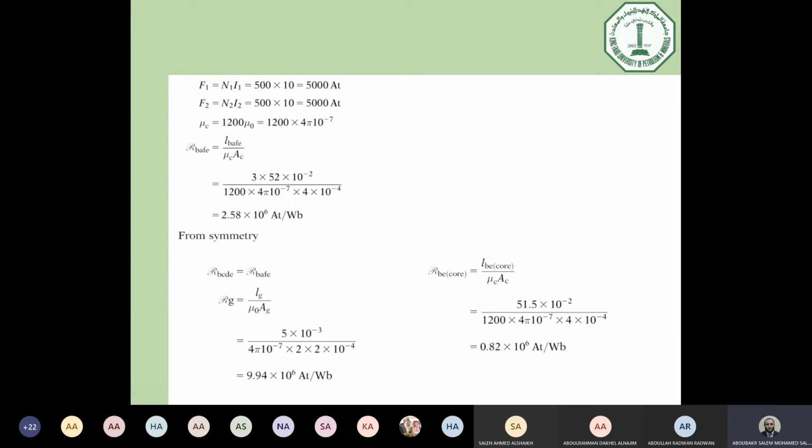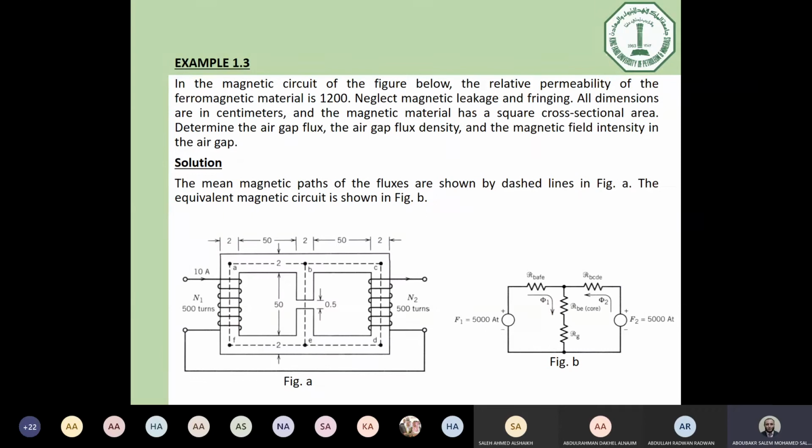If you need to calculate now the flux, simply you can construct any kind of electrical analysis, like Kirchhoff, like loop analysis, whatever technique you can use. But you have to write the equation in the right way.